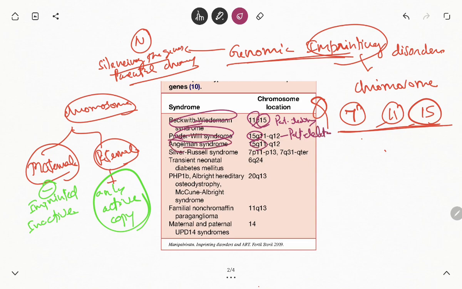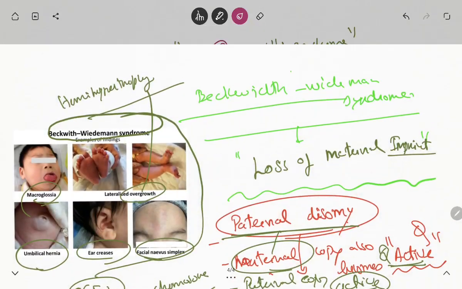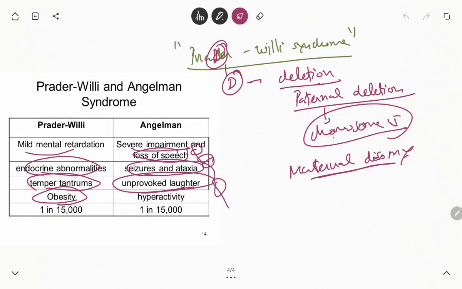Angelman is also seen in chromosome 15, and to differentiate between Prader-Willi and Angelman, we have discussed in this chart that Prader-Willi is characterized by obesity, mental retardation and temper tantrums, whereas Angelman is unprovoked laughter, called happy puppet, and loss of speech, seizures and ataxia. The child usually will be hyperactive.